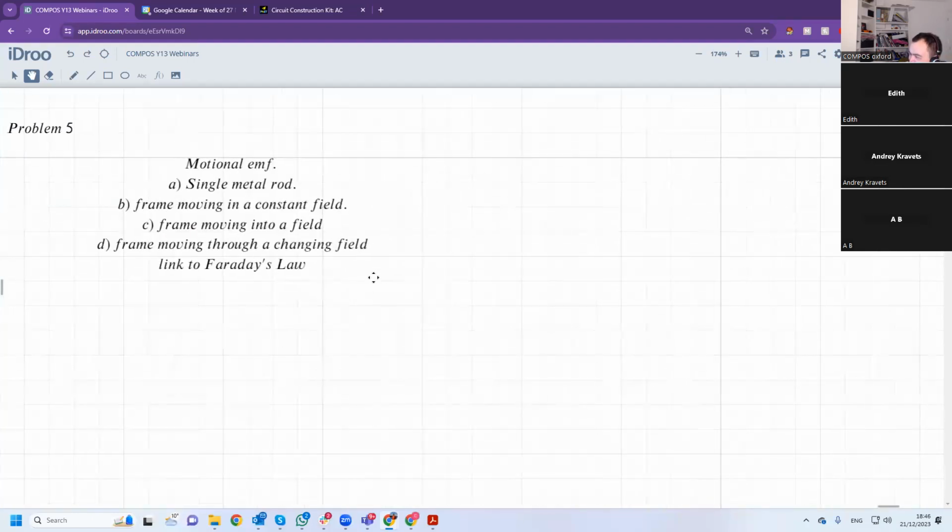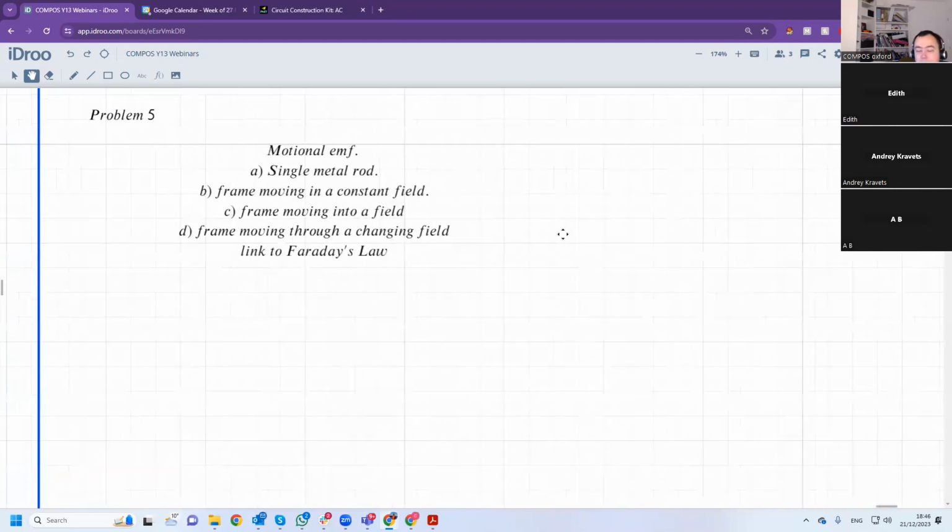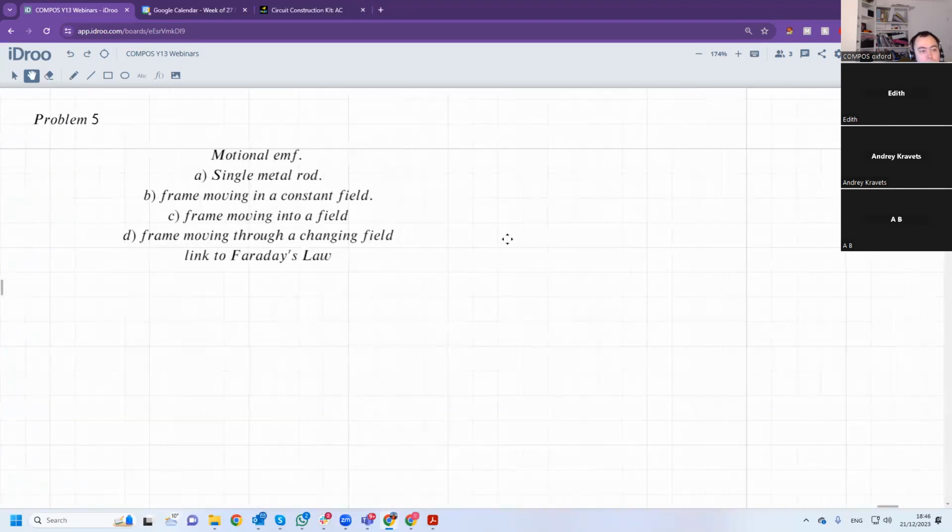Have you heard of motional EMF before you read the assignment? I assume you've read it. Yes or no? Okay. So you've heard about the motor effect, right?